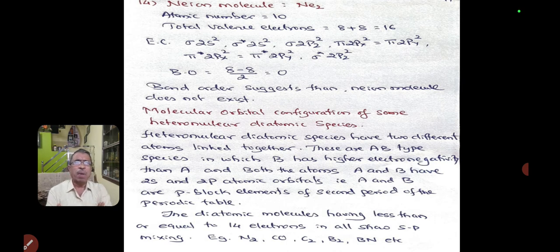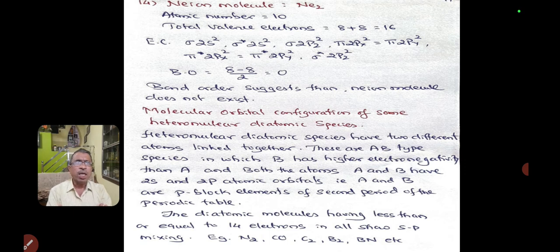In a similar manner, for the neon molecule, the total number of valence electrons is 16 and the bond order becomes 0, saying that there is no existence of the neon molecule. These are all the explanations regarding molecular orbital configurations of homonuclear diatomic species.